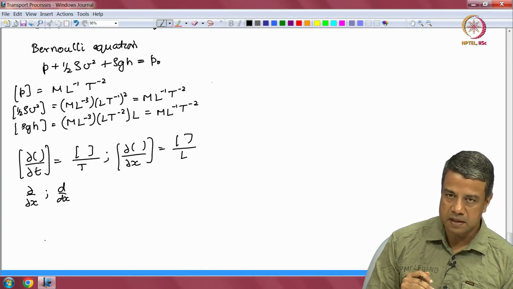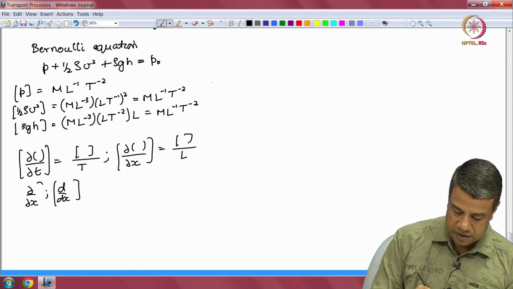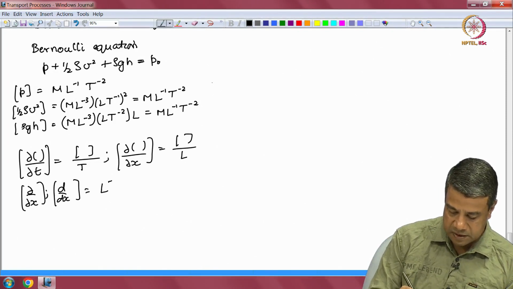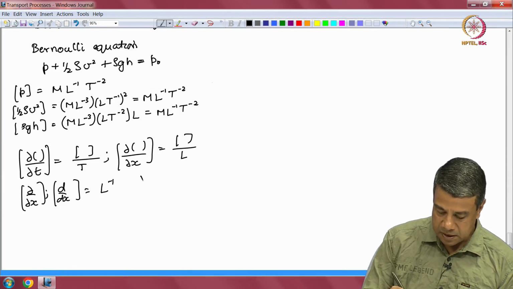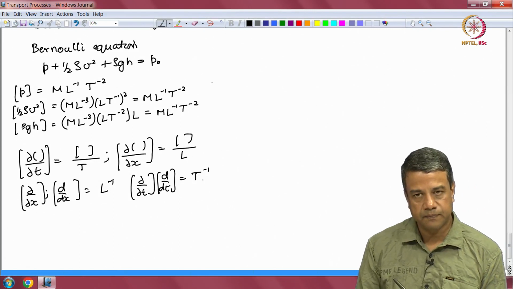I will come back and explain what these individually mean, but the dimension of all of these is the same, which is length inverse. Similarly, the dimension of partial by partial t and d by dt is t inverse.